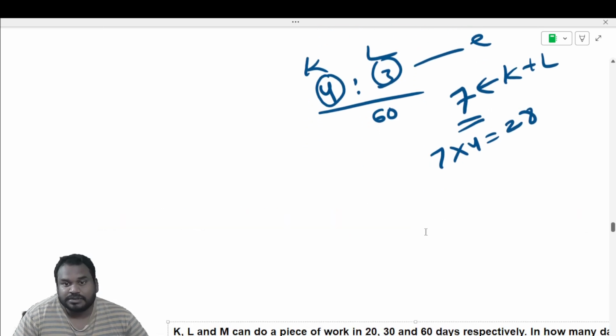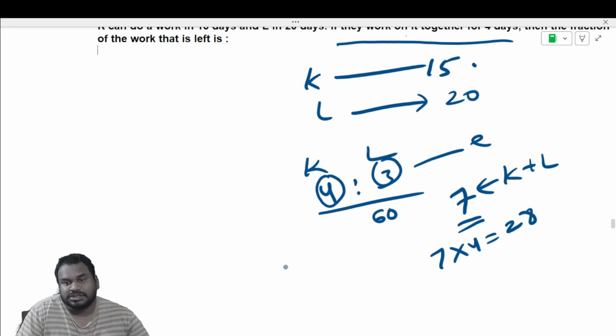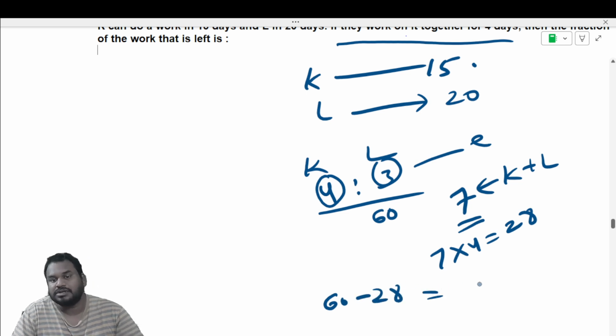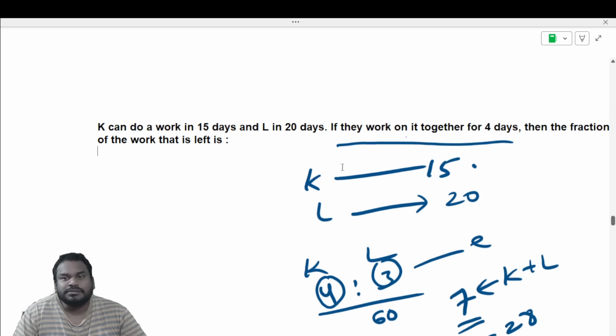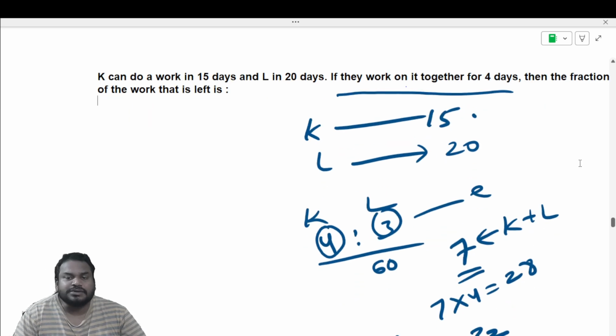Now 60 minus 28 will give you the remaining work. So what is that? 32 parts of work is left. But is he asking the parts or what? He is asking the fraction. Fraction is calculated on the whole number.